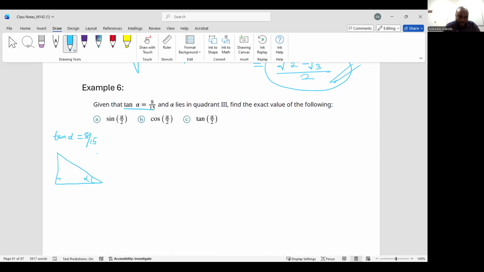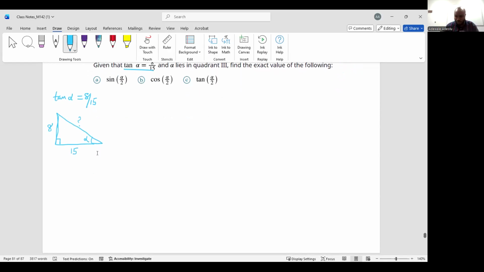We have encountered situations in this class that we now know what to do. So tangent of alpha, that is opposite over adjacent, 15. Let's say we do not know this length. Call it question mark. We can find question mark squared by adding the squares of these lengths.